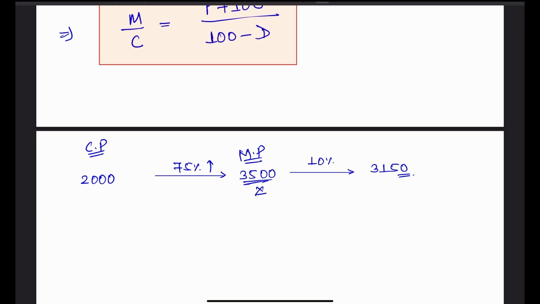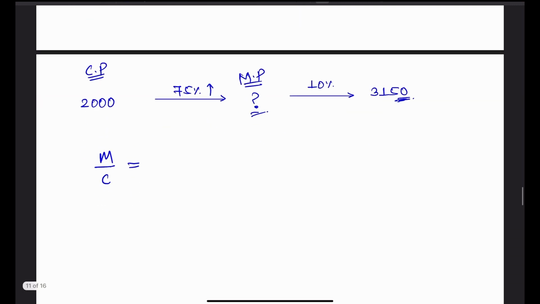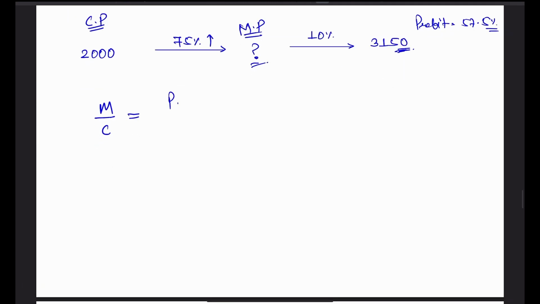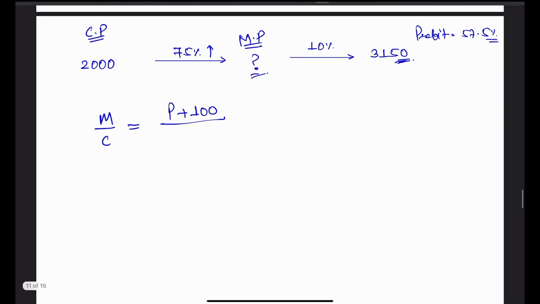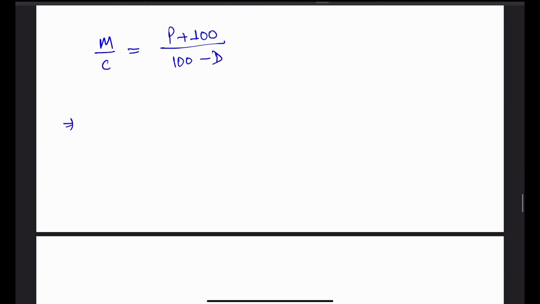Suppose I am not aware of this value and I just got these values. This is my question. So I will say mark price upon cost price will be equal to, and one more thing is given to me: the profit is 57.5%. So this will be P plus 100 divided by 100 minus D. This is the formula, so our mark price will be equal to C into this.